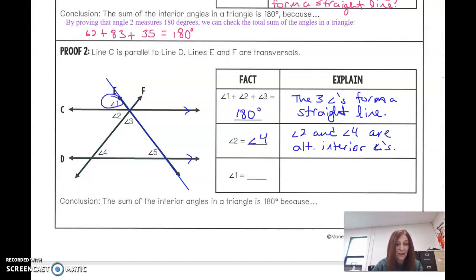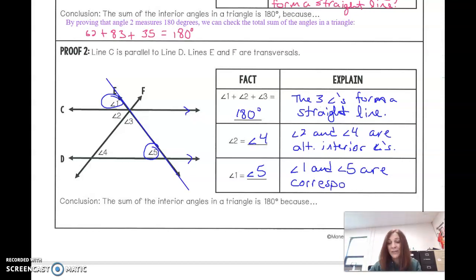Angle 5 is above and to the left of the transversal. So angle 1 and angle 5 are equal. Why? Angle 1 and angle 5 are corresponding. We know corresponding angles are congruent.